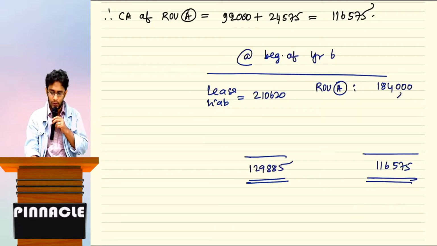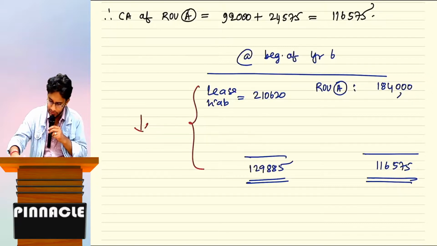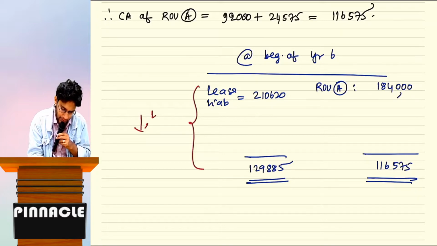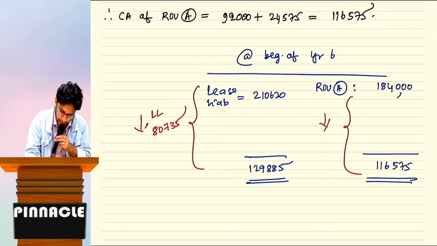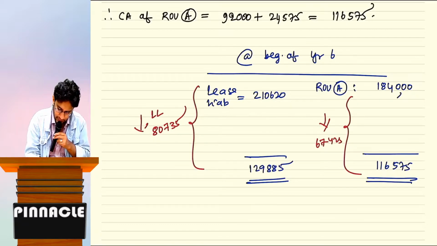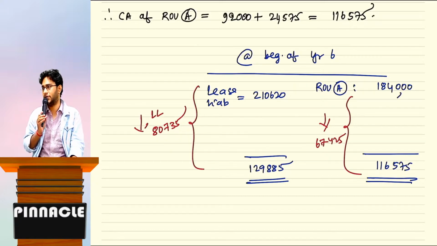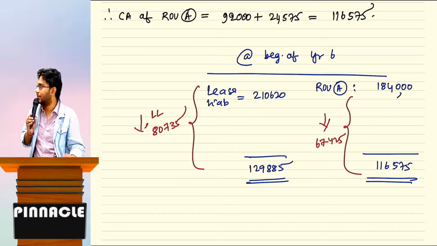Now, understand the impact of the change here. Liability definitely decreased: 210,620, after all the drama, became 129,885. So liability decreased by 80,735, whereas the asset also decreased, 184,000 minus 116,575, which is 67,425. That means the asset did not decrease correspondingly; the liability decreased more.